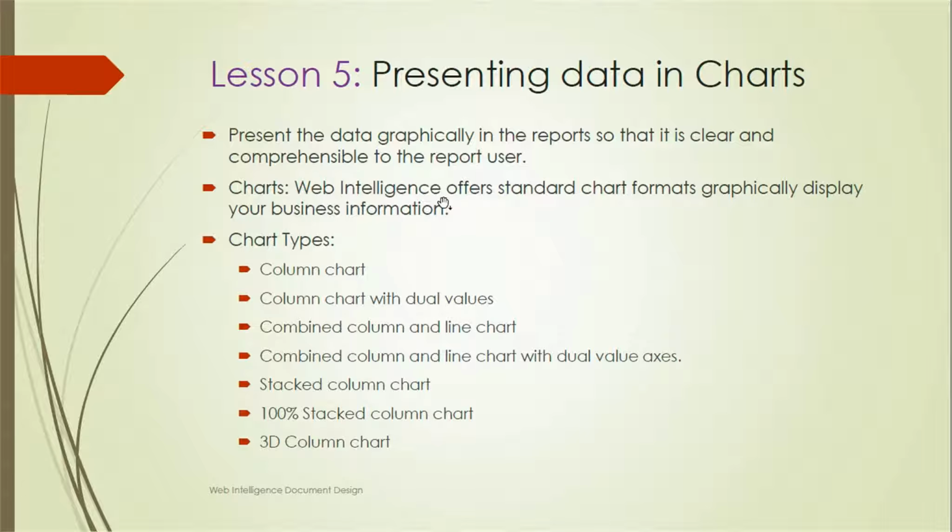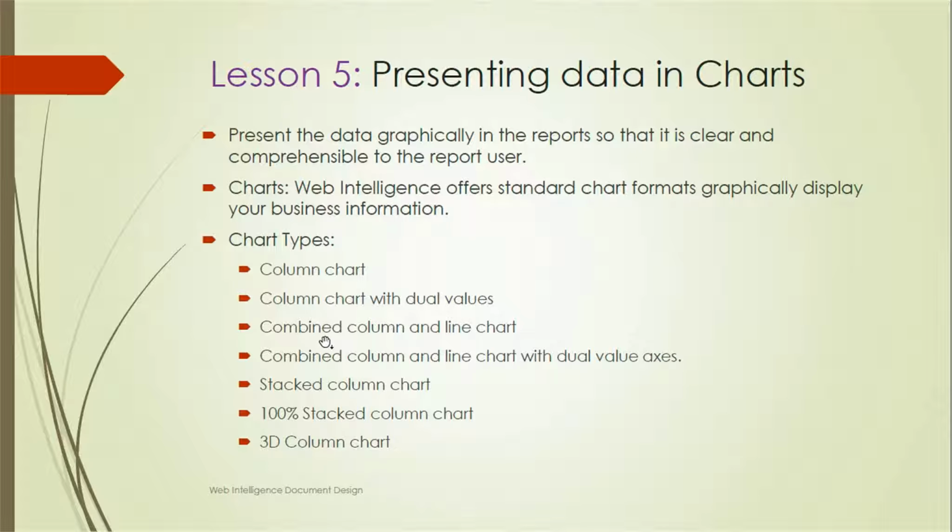Charts: Web Intelligence offers standard chart formats to graphically display your business information. There are multiple chart types available: column chart with dual values, combined column and line chart, combined column and line chart with dual value axis, stacked column chart, 100% stacked column chart, 3D column chart.